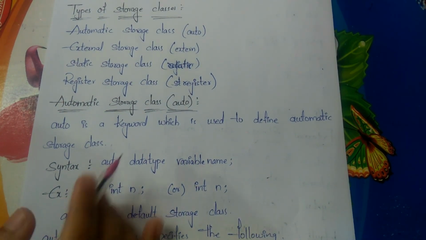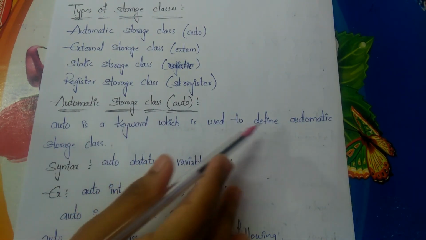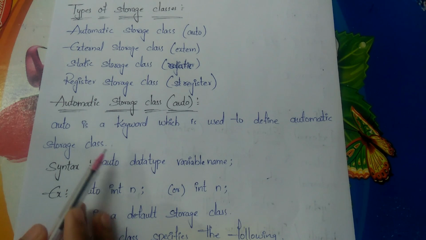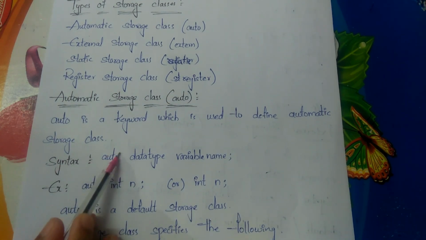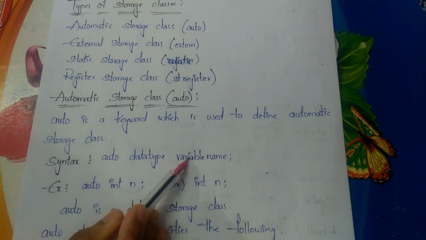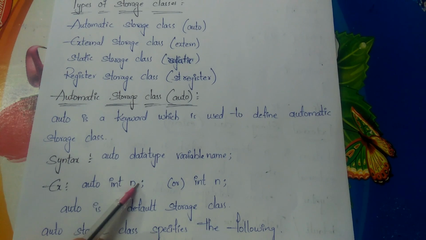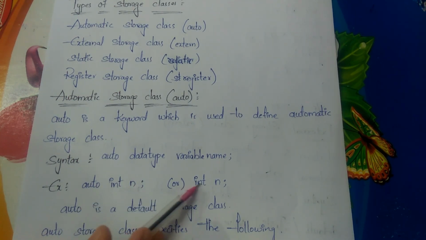The first one, automatic storage class. Auto is a keyword which is used to define the automatic storage class, and the syntax for this is first we write the keyword auto, then the data type, and then the variable name ended with a semicolon. The example is auto int n, or we can also write it as int n.